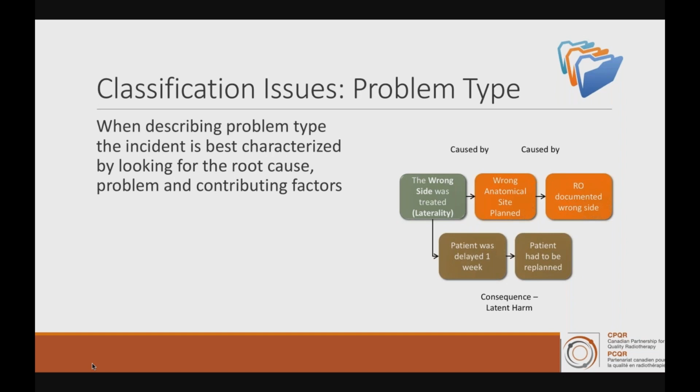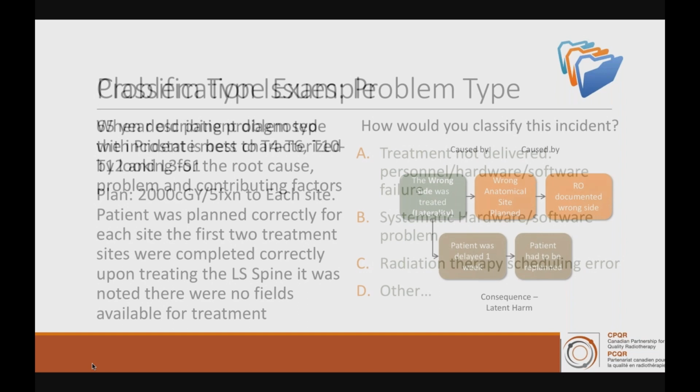But hopefully by dealing with the laterality issue, all of those subsequent problems would be solved as well. So using that root cause analysis concept and theory that was discussed in the earlier lectures helps you drill down to what exactly your problem type is.